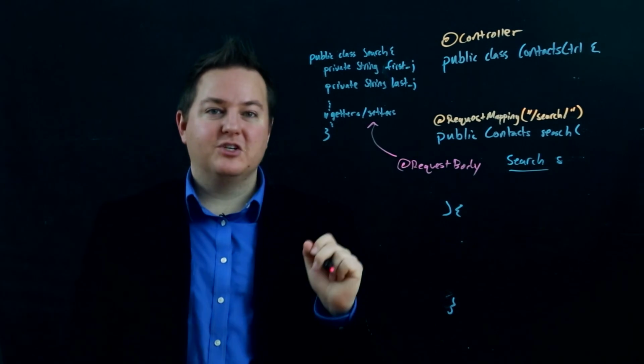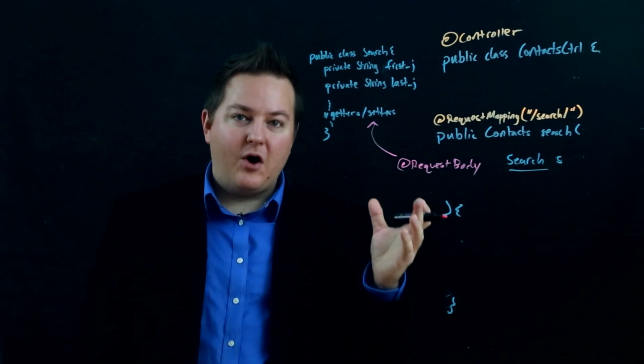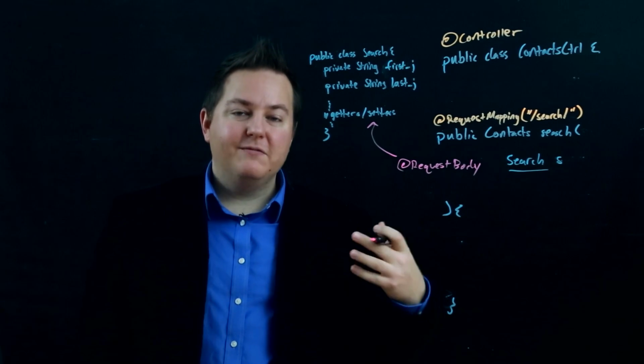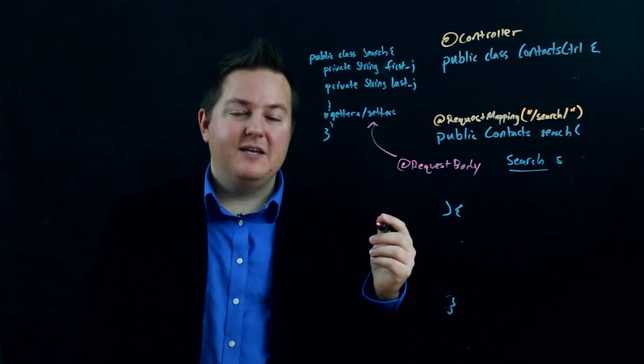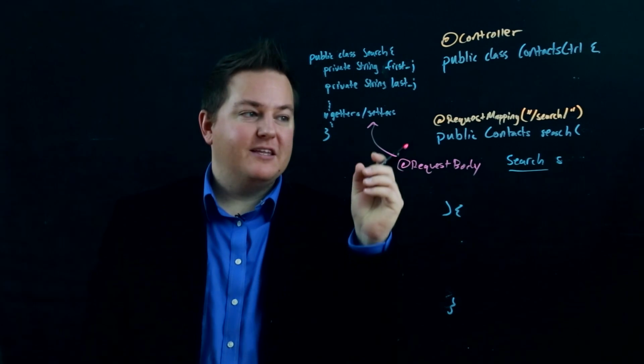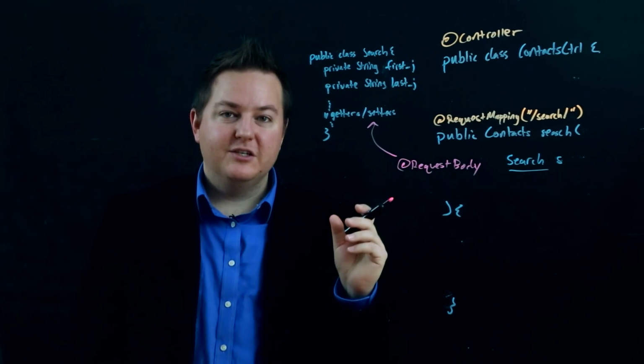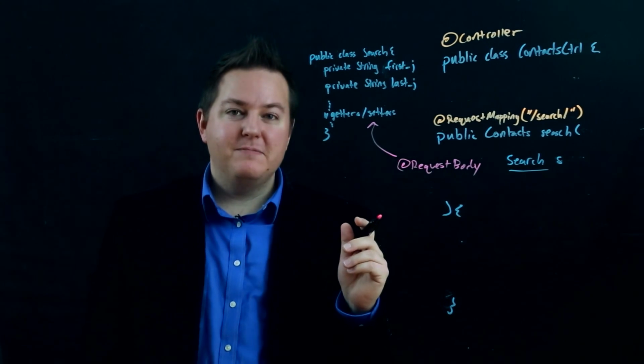So we've got our search class here, and there are various automatically pre-configured HTTP objects inside of Spring that take care of mapping these HTTP request params into search. And these are HTTP message converters.